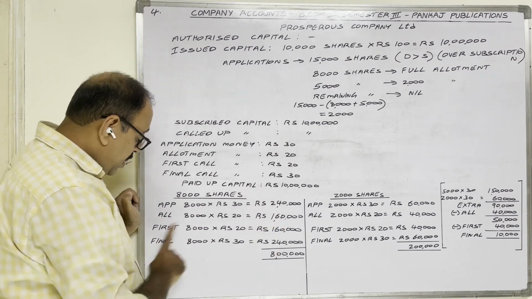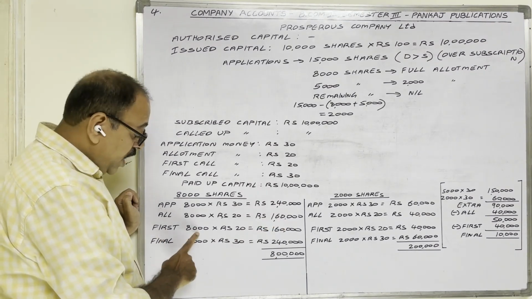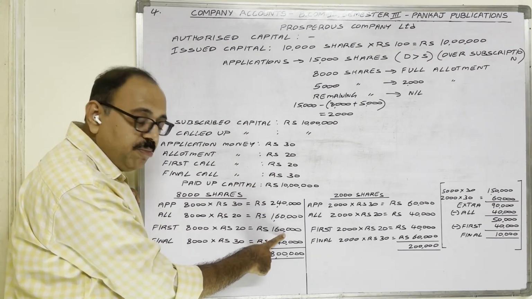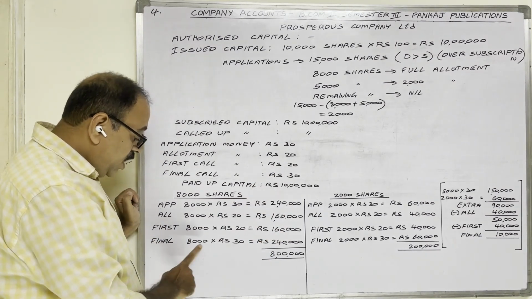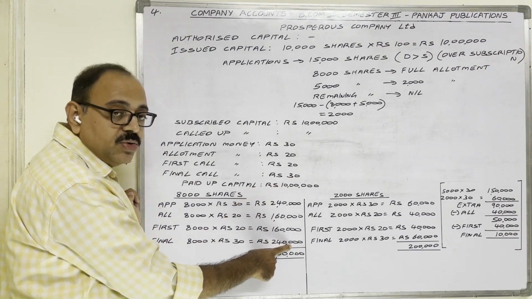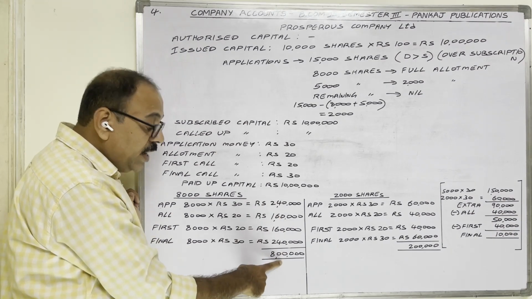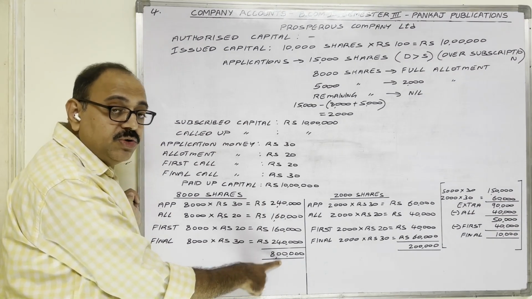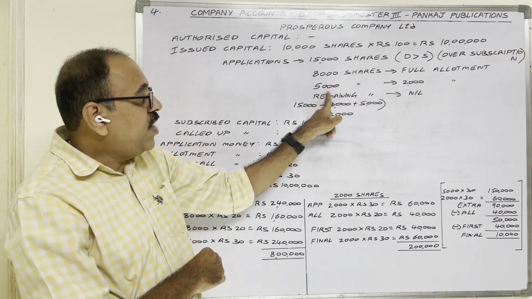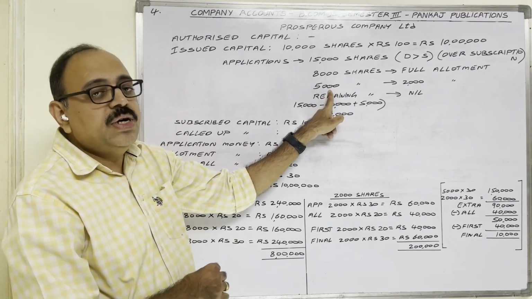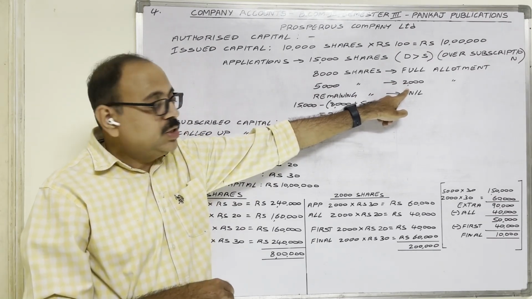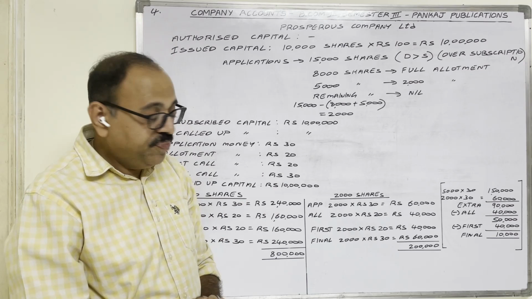First call money, 8,000 into 20 rupees, 1,60,000. Final call money, 8,000 into 30 rupees per share, 2,40,000. So the company received a total of 8 lakh rupees from them. Come to the second category of shares. 5,000 people applied and the company allotted only 2,000 shares. So what happened here? Let us see.